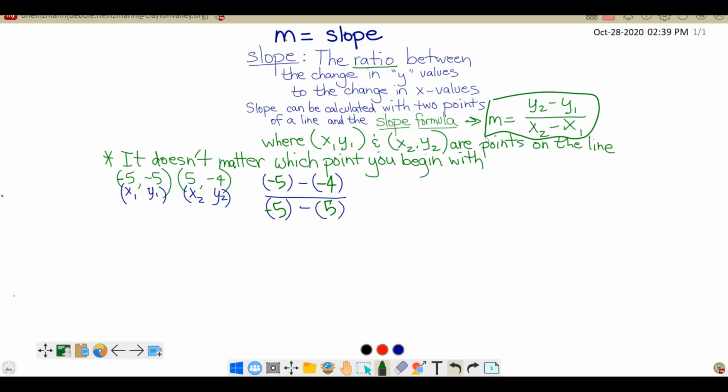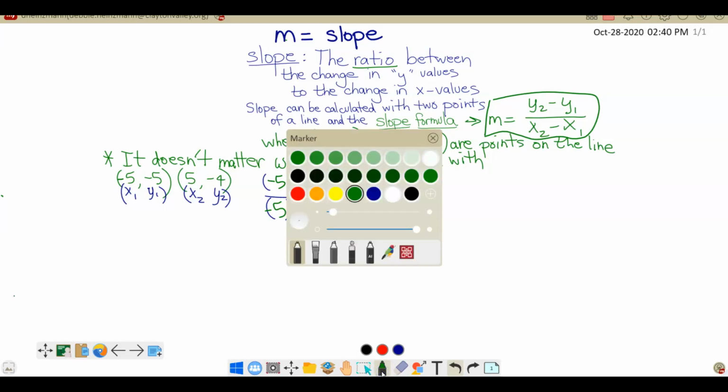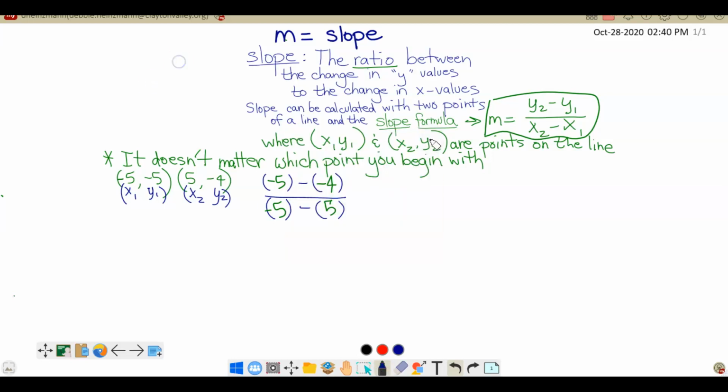When you plug them into the formula, I want you to notice a couple of things. I invite you to create a little template like this if you're just starting out, where you put little parentheses where you're going to plug the numbers in, whatever the coordinates are, and that you keep these subtraction signs right where they are, okay?